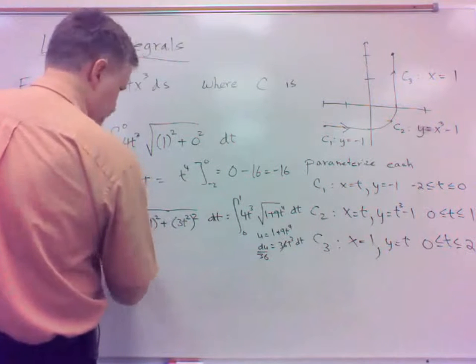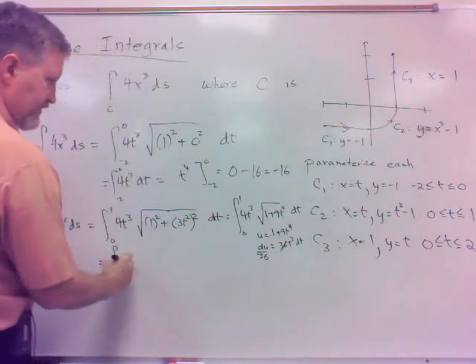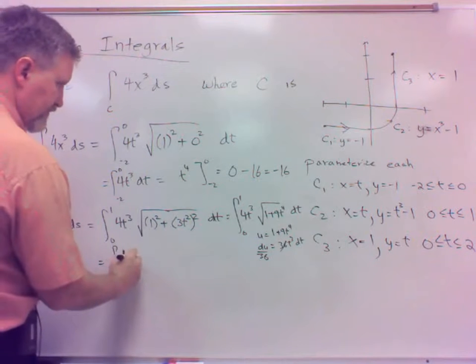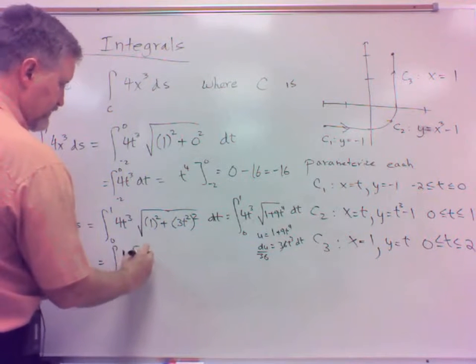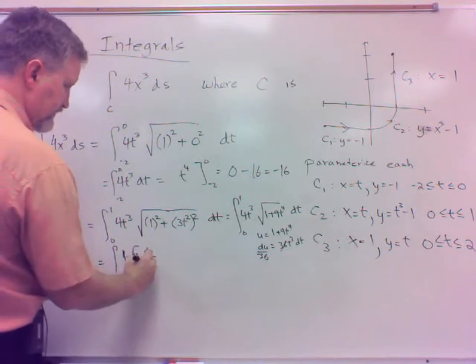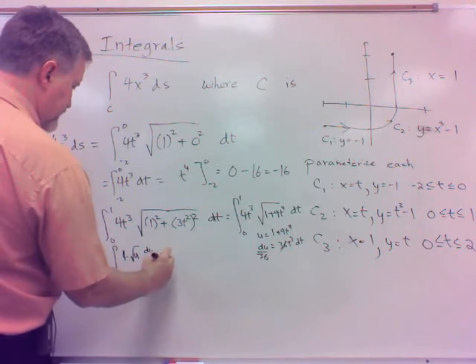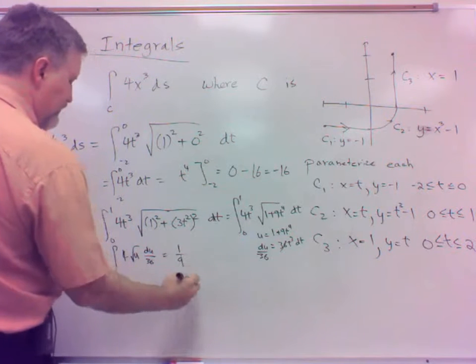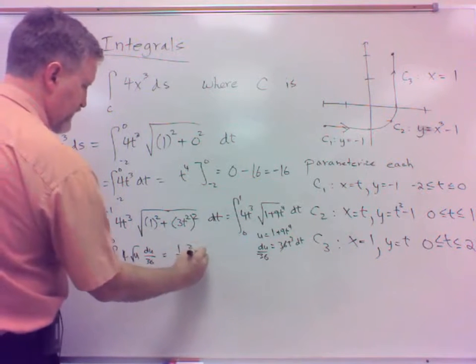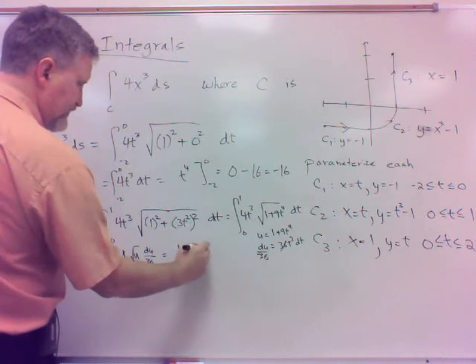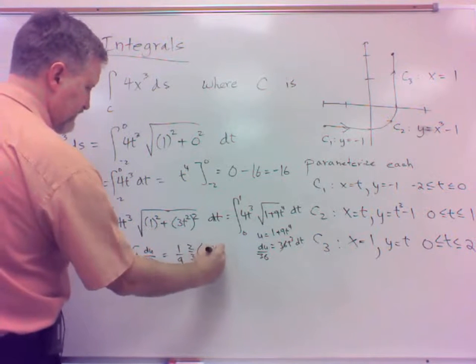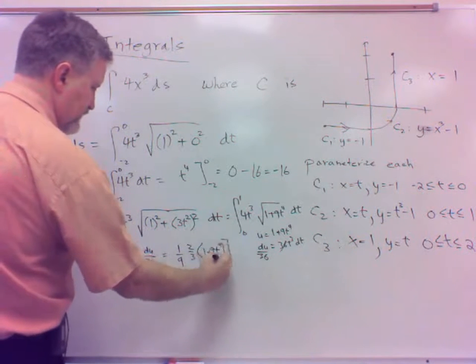Okay, so yeah, we wind up with 4 square root of u du over 36, so 1 over 9 square root of u, so that'd be 2/3 u to the 3/2, where u is 1 plus 9t to the 4th, to the 3/2.